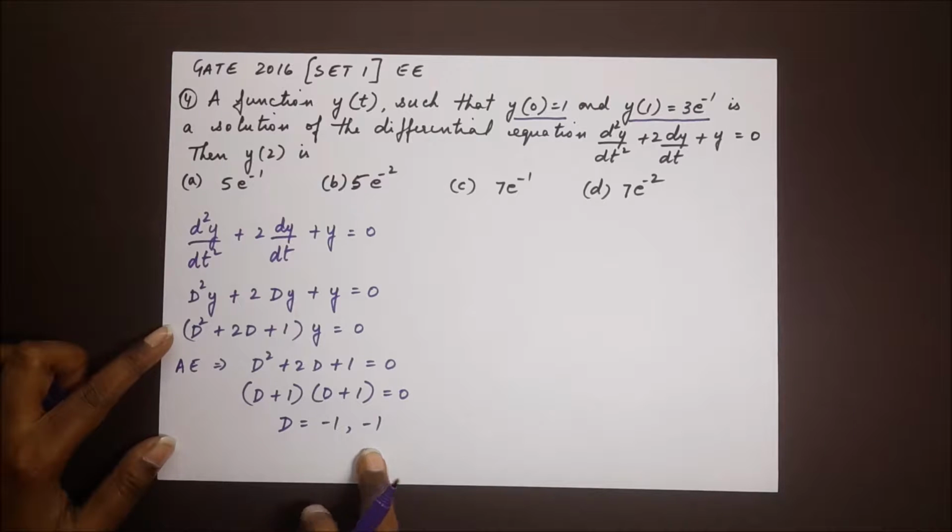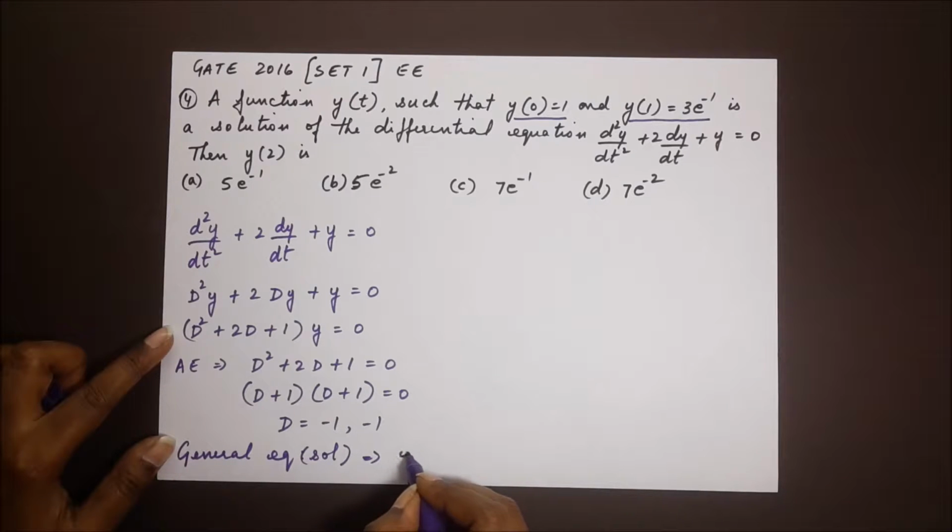So if you recall the general equation for such roots. First we are supposed to find the particular solution, and in order to find it, we first find the general solution.